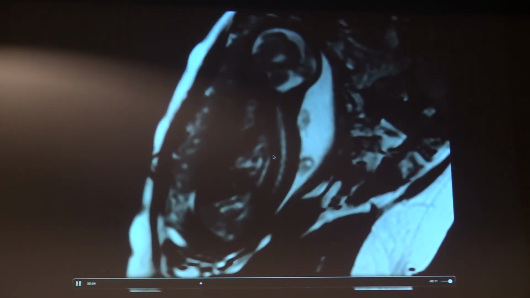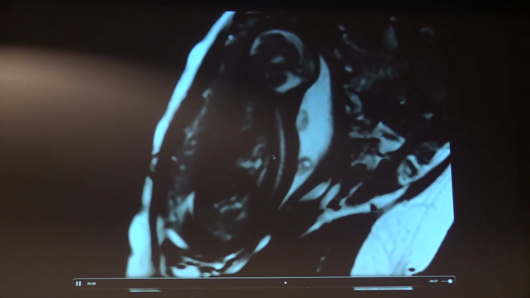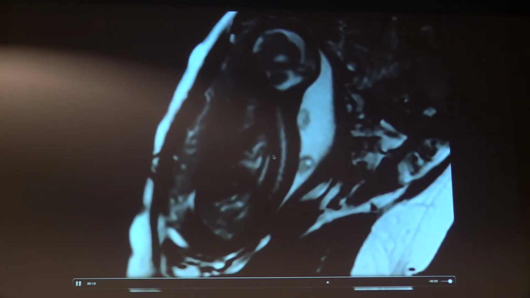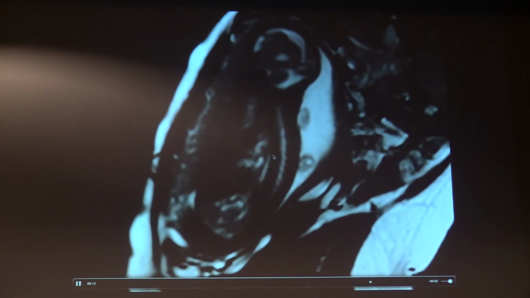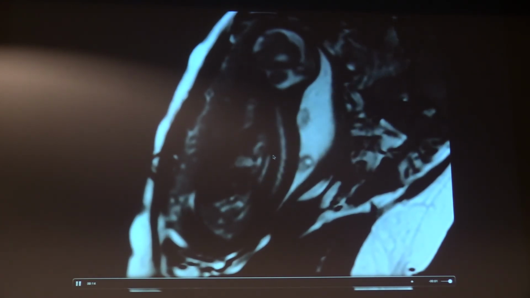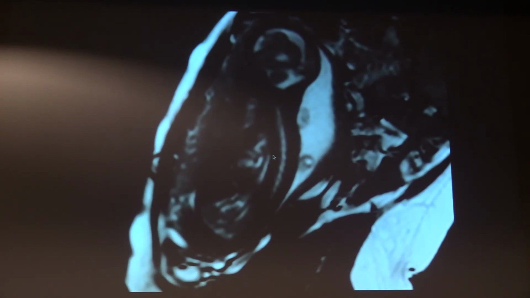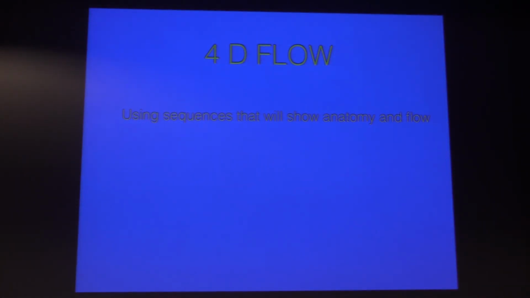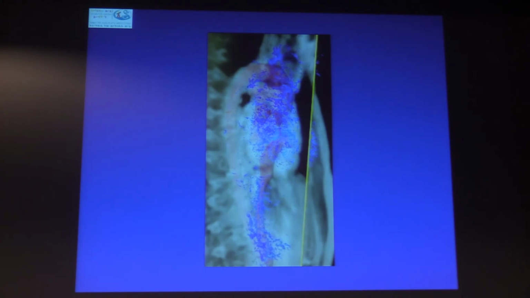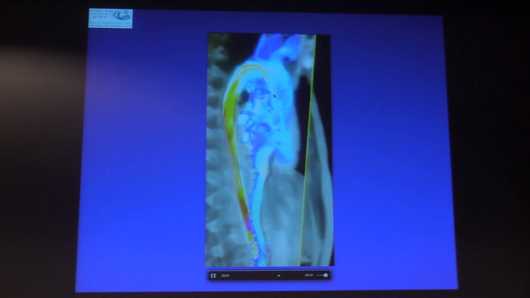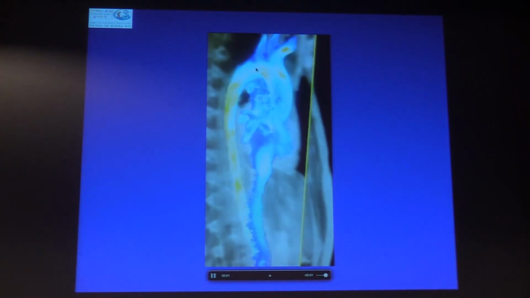We still don't have fetal cardiac gating in our institution, but I believe in the next few months we will get at Sheba a new MRI machine that hopefully will include auto gating. We're also using 4D flow in MRI. You can see that with the same scan we can have the anatomy and the flow inside.